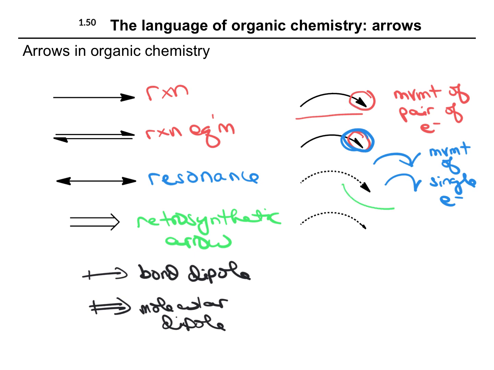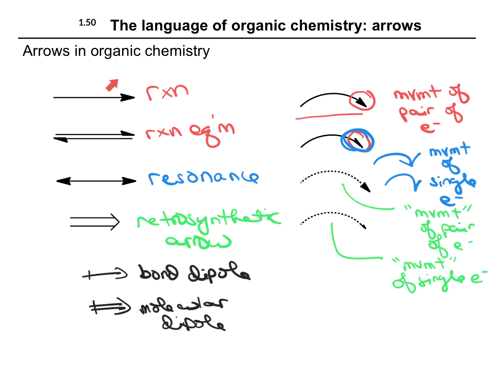So this one refers to the movement of a pair of electrons. And then this one represents the movement of a single electron. Again, the movement is in quotes because it's not real movement, it is an imaginary movement, which we'll talk about in the next video.